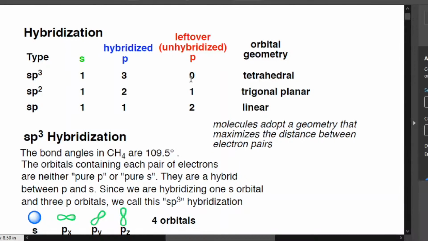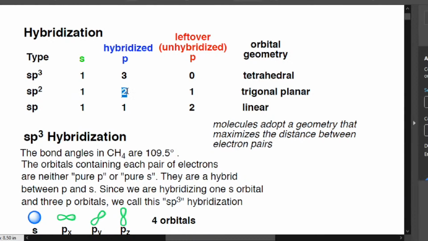So the number of leftover p orbitals will be 0, because in the first orbit there is one s and no p, and in the second orbit, we are talking about carbon in organic chemistry, that's why we are talking about the second orbit, there is one s orbital and three p orbitals, px, py and pz. If all the p orbitals are participating in hybridization, unhybridized orbitals are 0. So in sp3 hybridization, you don't have any unhybridized orbitals left. You need to remember that.